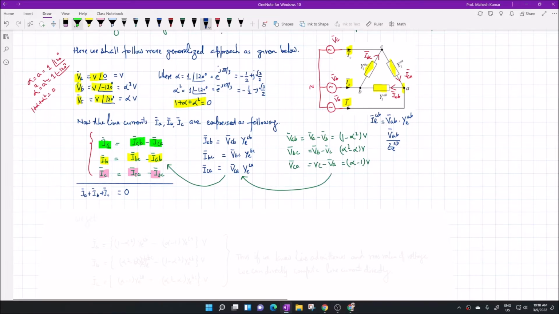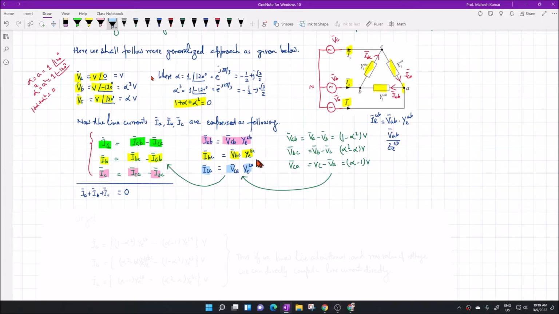So currents are expressed as IAB as VAB into YLAB, and IBC as VBC into YLBC, and ICA as VCA into YLCA.